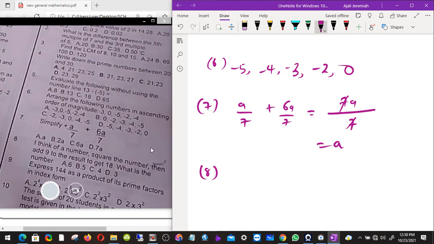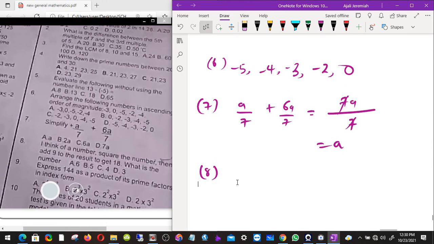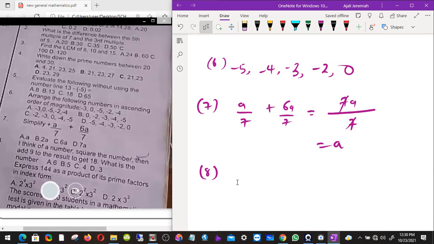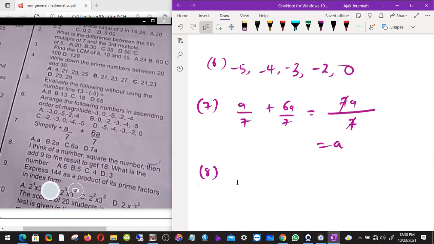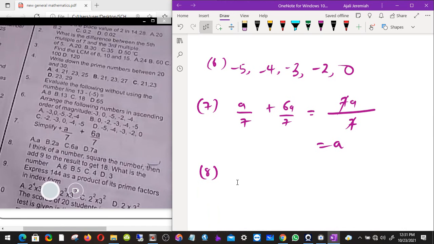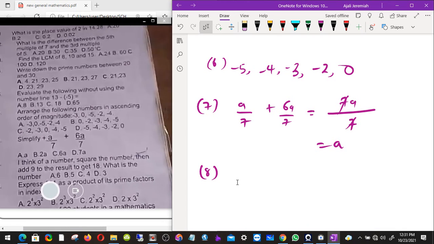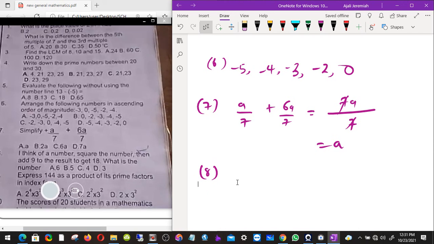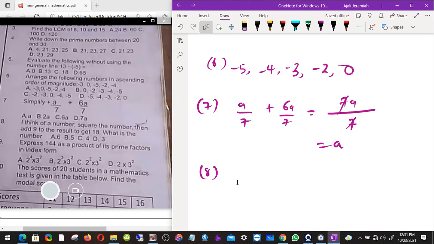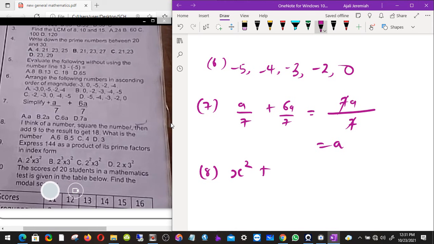Number 8. I think of a number, square the number, then add 9 to it.